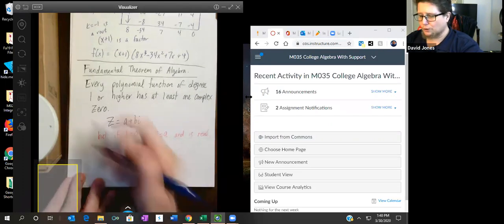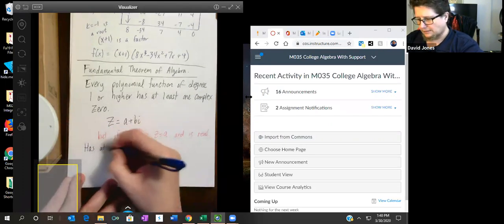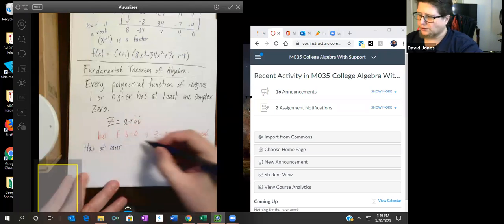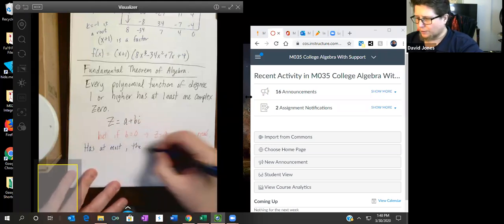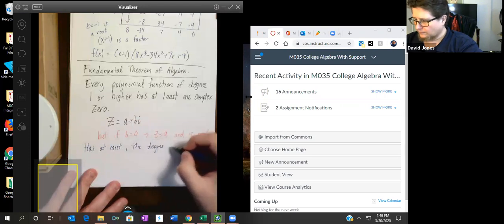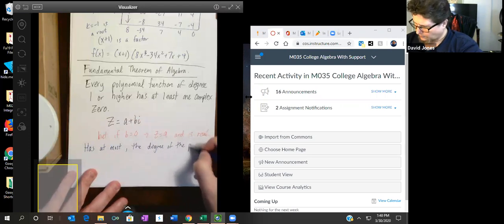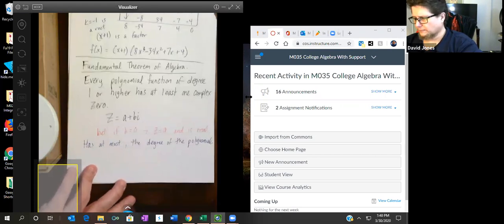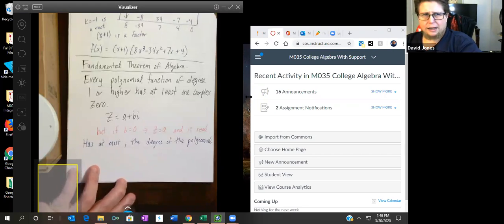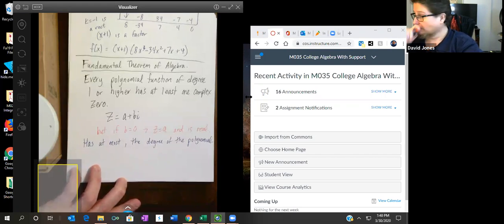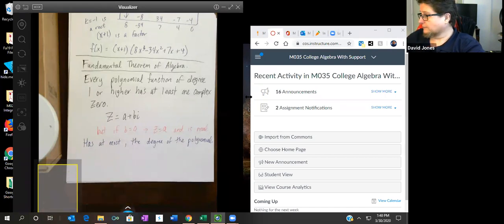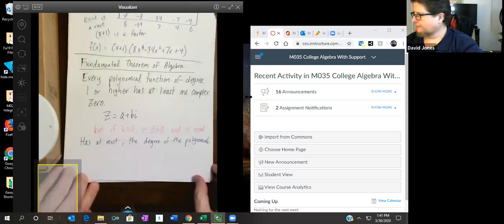And it has at most the degree of the polynomial. It should have the degree of the polynomial. A bunch of them may be complex and they may be really, really hard to figure out. You don't know how to factor them and get them, but they should exist. Ready for more?